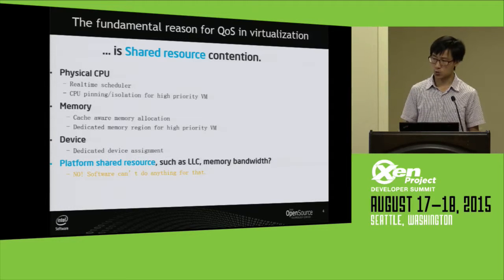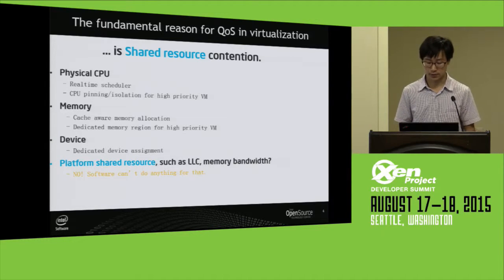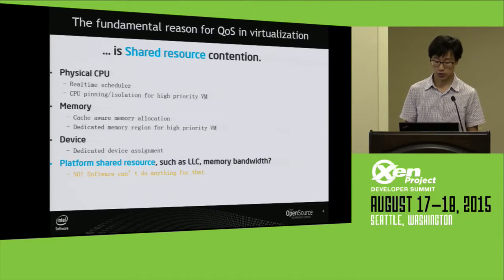So if there's no sharing, then there's no contention and no impact. In a virtualized environment, typical shared resources for all the VMs running on the same host include physical CPU, memory, I/O devices, and platform shared resources.